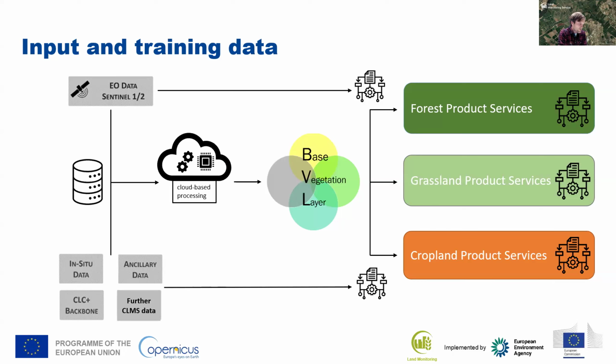Then we have the Copernicus Land Cover Plus backbone data, which is also ingested in this database, as well as further Copernicus Land Monitoring Service data, so basically HRL data from previous iterations.